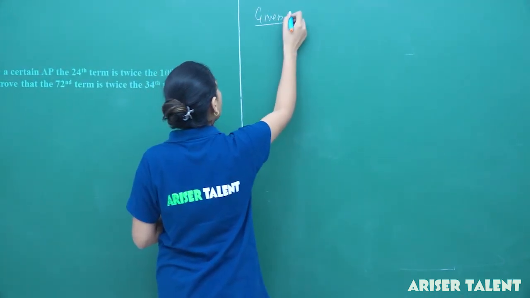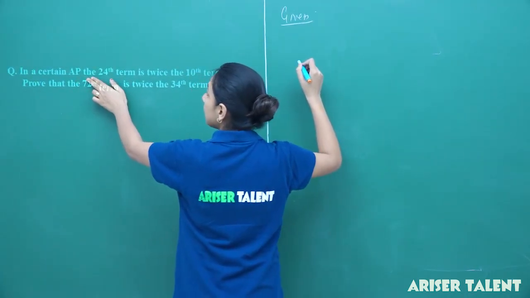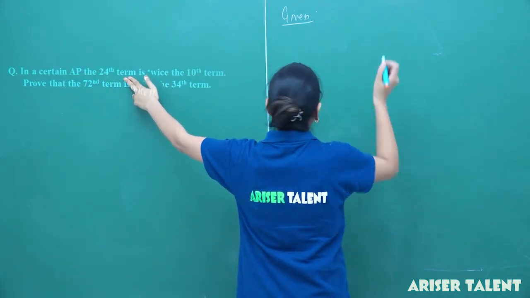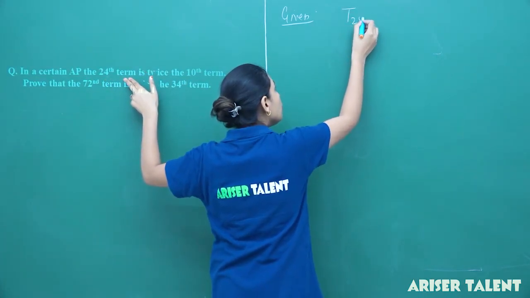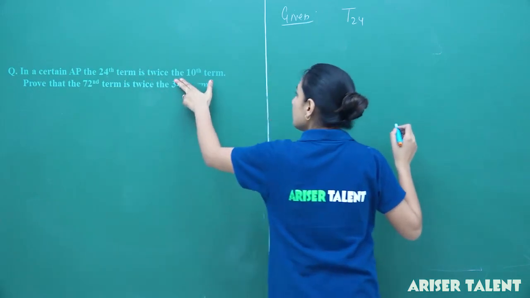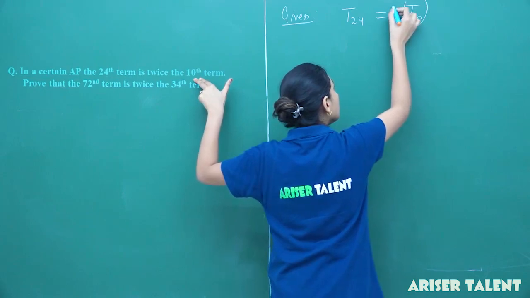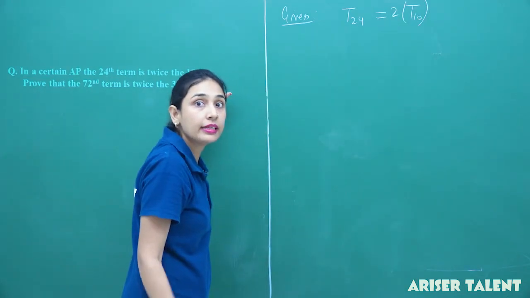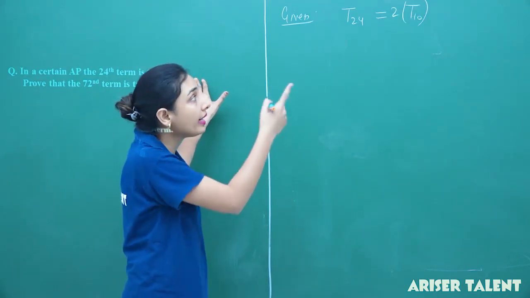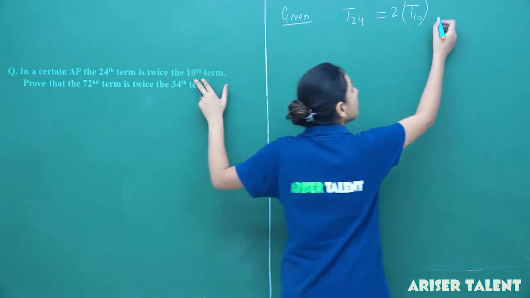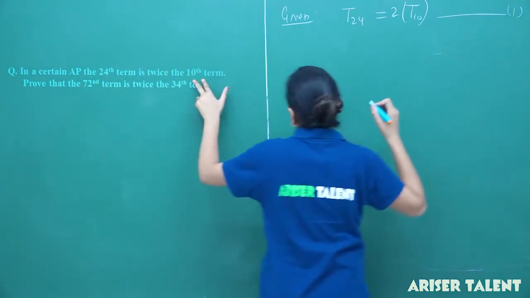So given is what? That in a certain AP the 24th term, T24, is twice the 10th term. Now, this is the given statement that the 24th term is twice the 10th term. And I am writing it as equation 1 also.